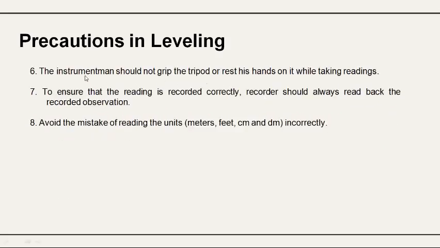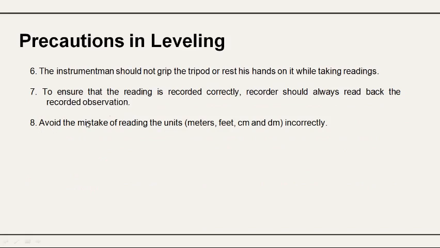Next, when taking readings, the instrument man should not grip the tripod or rest his hands on the tripod. Also, to ensure that the reading is recorded correctly, the recorder should practice always reading back the recorded observation so that the instrument man can hear it.